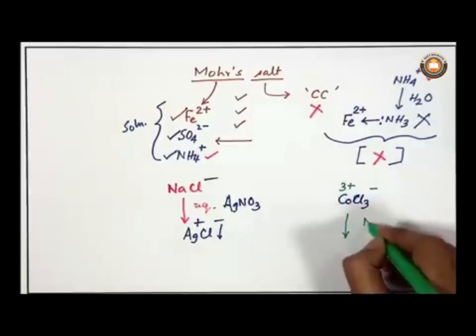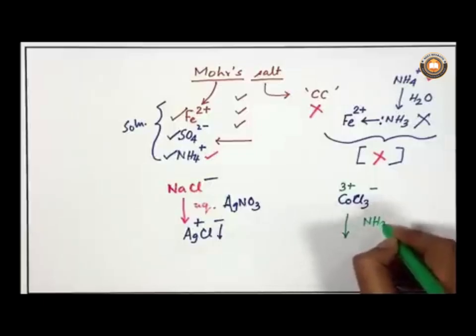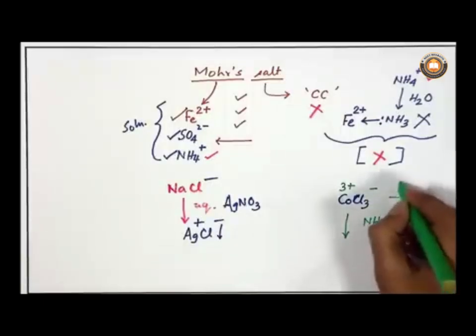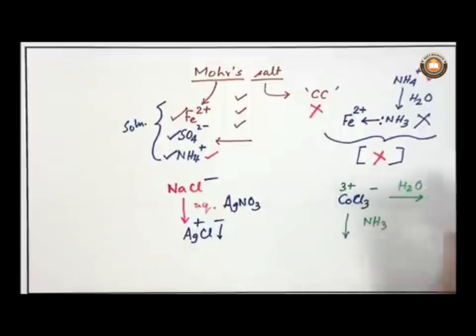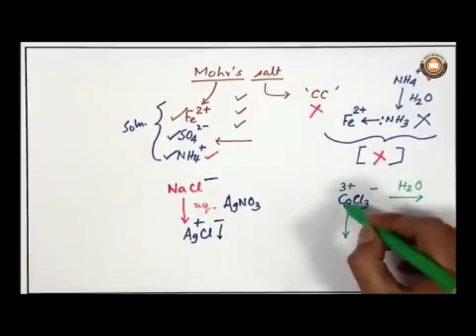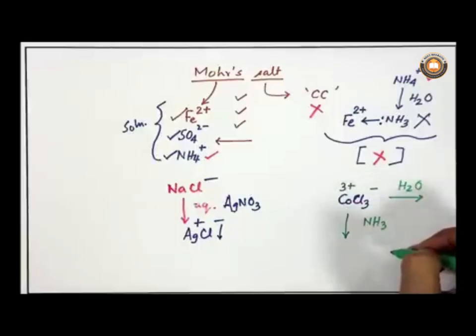Then we bring in something like ammonia or sometimes water. These are the species which can interact with the metal center and give rise to the complex species.